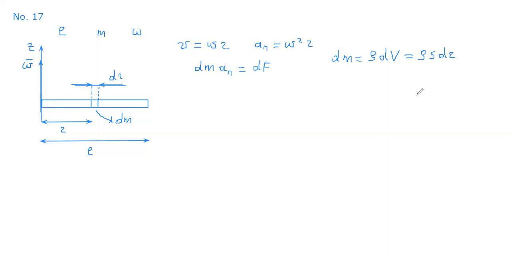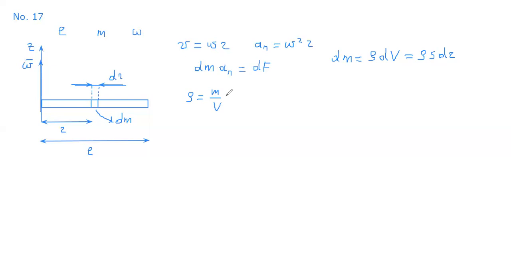Okay, and what about the density of the rod? It is said that the rod is homogeneous. And it means that we can write that rho, the density of the rod, is equal to mass divided by its volume, because the rod is homogeneous according to the description of the exercise.